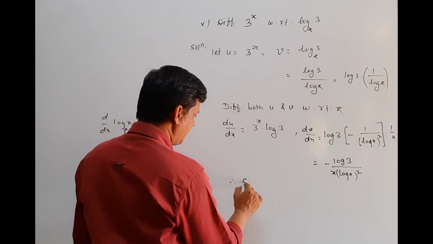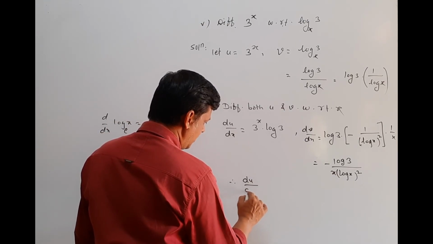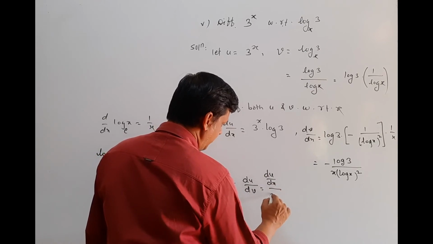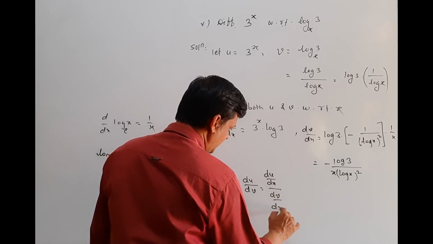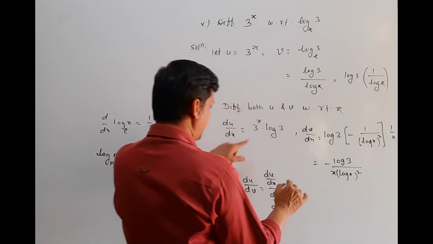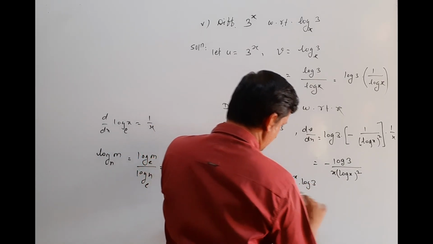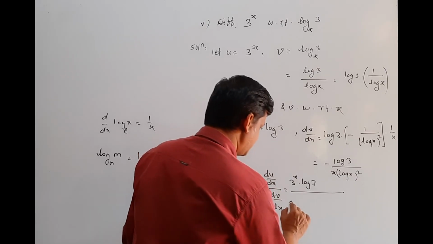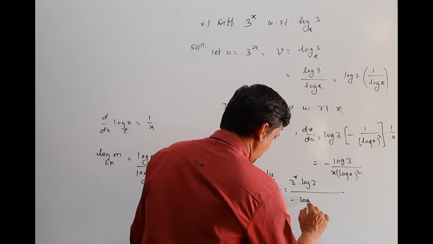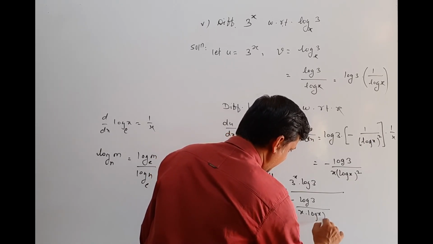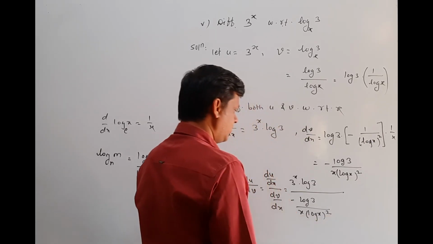So we get du by dv is equal to du by dx upon dv by dx. Now substitute du by dx as 3 raised to the power x into log 3, upon dv by dx as minus log 3 upon x into (log x) whole square.